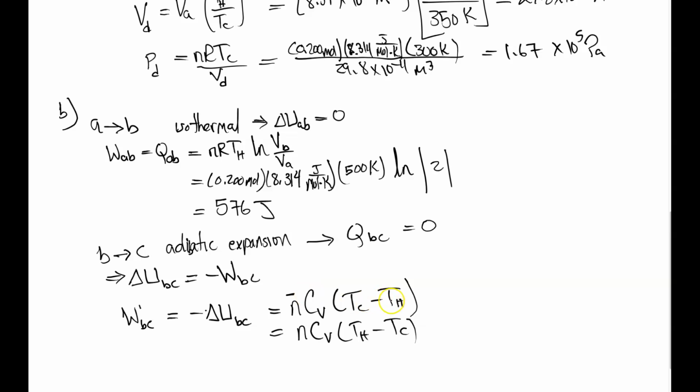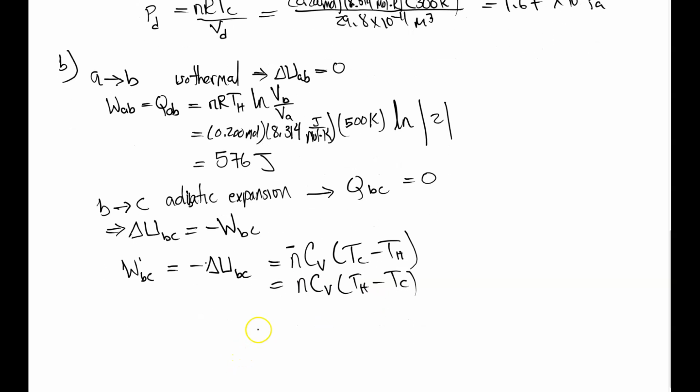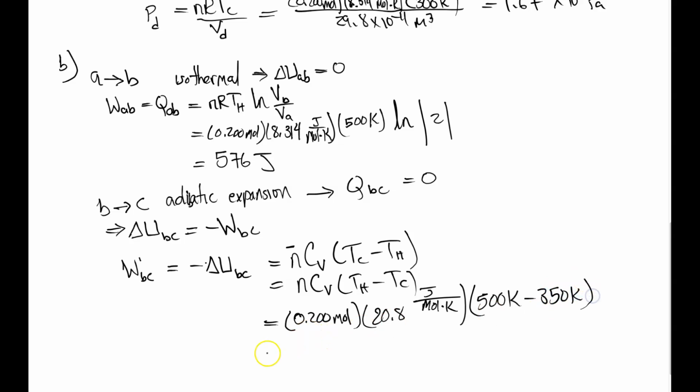If we take this minus sign and distribute it in there and plug in the numbers, we get 0.2 moles times CV, which is given as 20.8 joule per mole Kelvin, times the change in temperatures, which is 500 K minus 350 K, and that gives us a work of 832 joules.